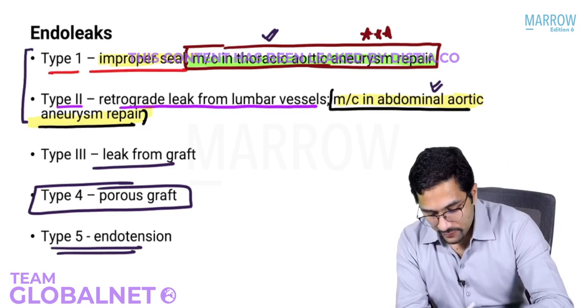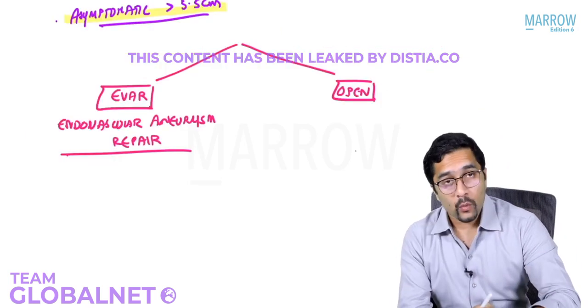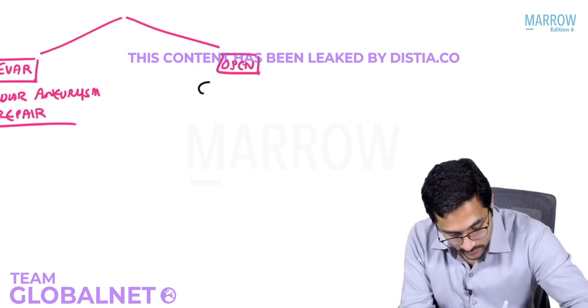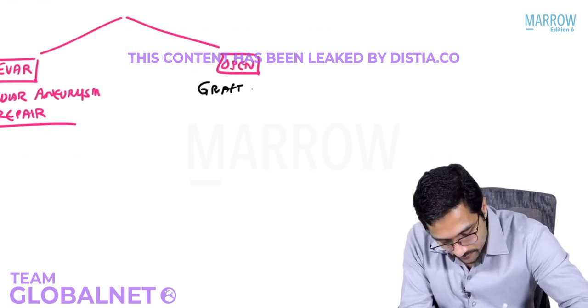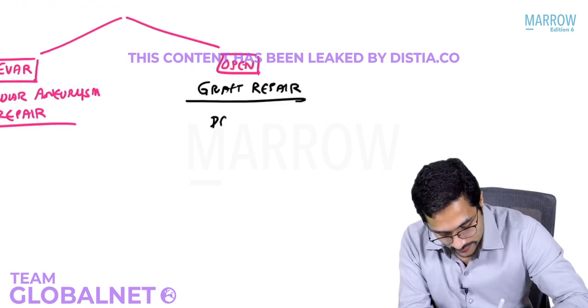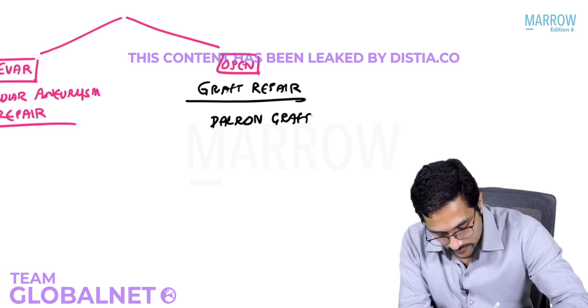Now, if we cannot do EVAR, then we carry out open surgery. And in open surgery, we have to carry out a graft repair, and this graft is usually a Dacron graft.